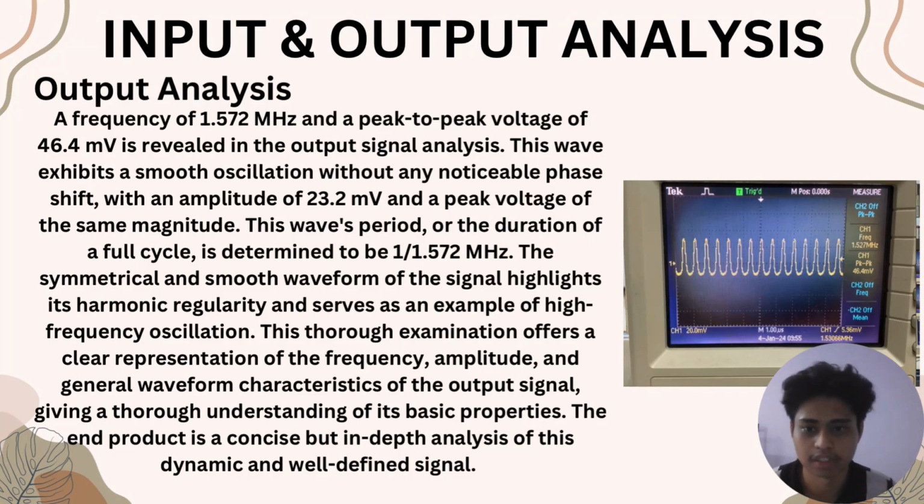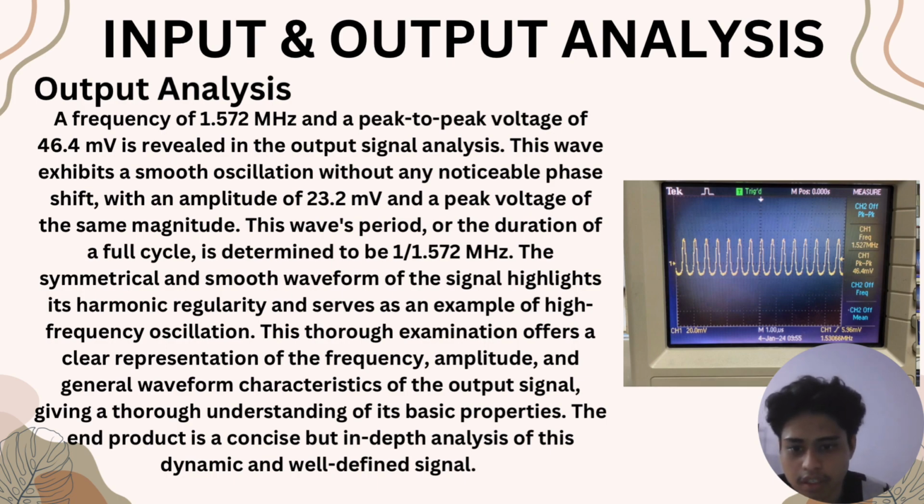For the output analysis, a frequency of 1.572 MHz and a peak-to-peak voltage of 46.4 millivolt is revealed in the output signal analysis. This wave exhibits a smooth oscillation without any noticeable phase shift, with an amplitude of 23.2 millivolt and a peak voltage of the same magnitude. The wave period, or the duration of a full cycle, is determined to be 1 over 1.572 MHz.